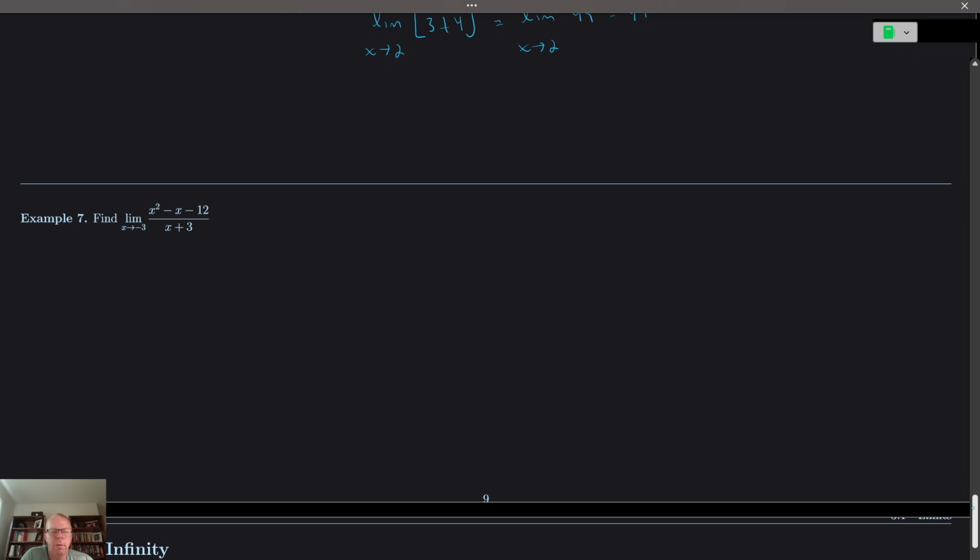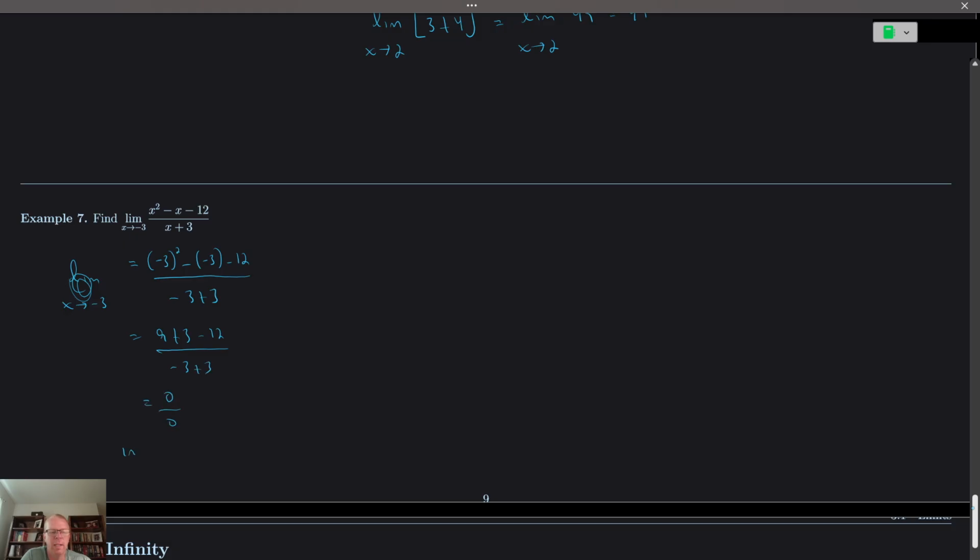What I would suggest whenever you have a limit problem is to plug in. So plug in -3: -3 squared minus -3 minus 12 over -3 plus 3. That'd be 9 plus 3 minus 12 over -3 plus 3, so you end up with 0 over 0.